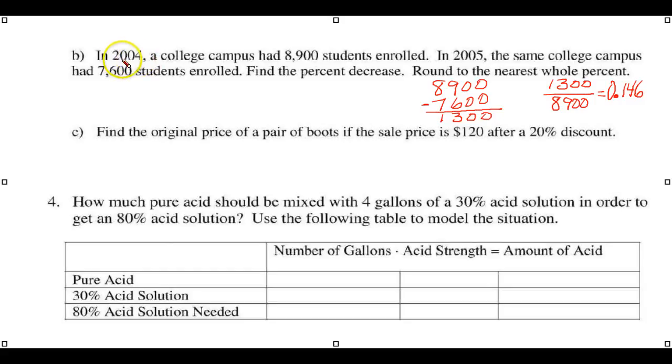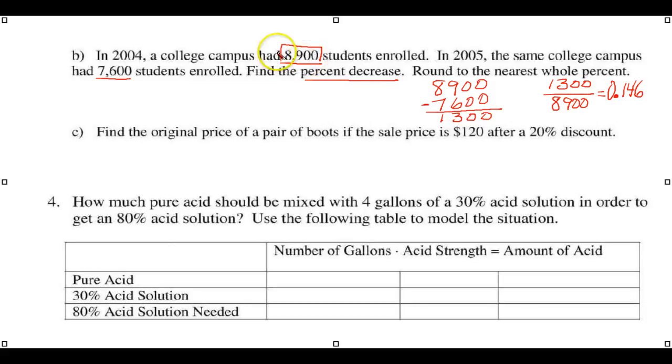So here in 2004, they had this many students enroll, but a year later, there were fewer students enrolled. So this was a decrease. Again, we subtract the numbers. We find the difference between them is 1,300. Now we put the 1,300 over the original amount.